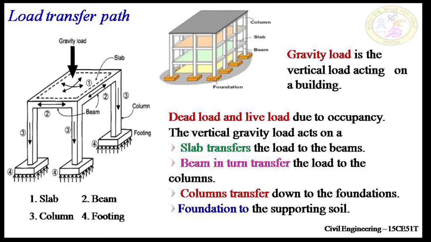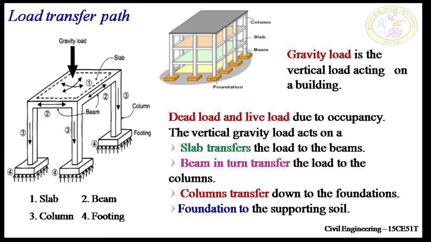So what is the path of this load to get transferred to the soil? Let us look into that. We have gravity load, which is the vertical load acting on a building. This includes dead load and live load, live load because we are assuming certain occupancy such as furniture kept inside the building.